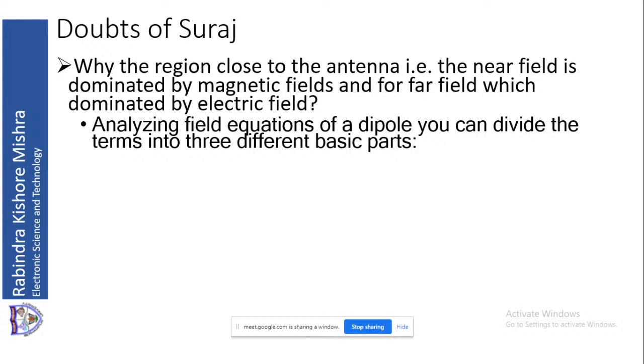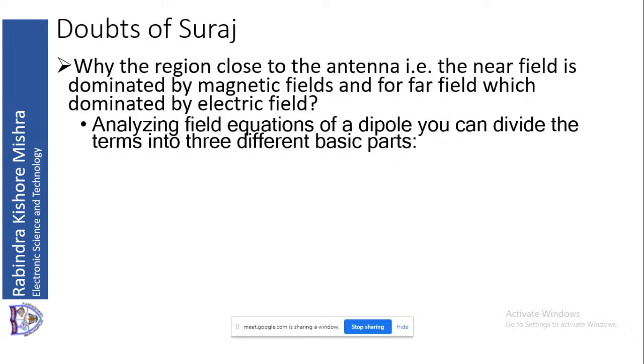Now to know the answer, the question is not correct in one sense. But to know the answer, let us go back to the first 4-5 classes in which we discussed the basic antenna as an oscillating dipole or the Hertzian dipole.